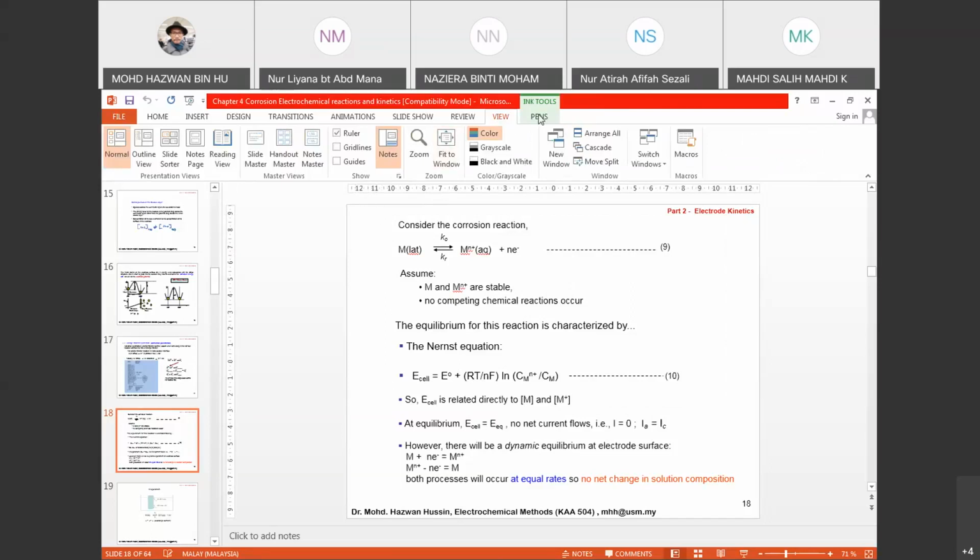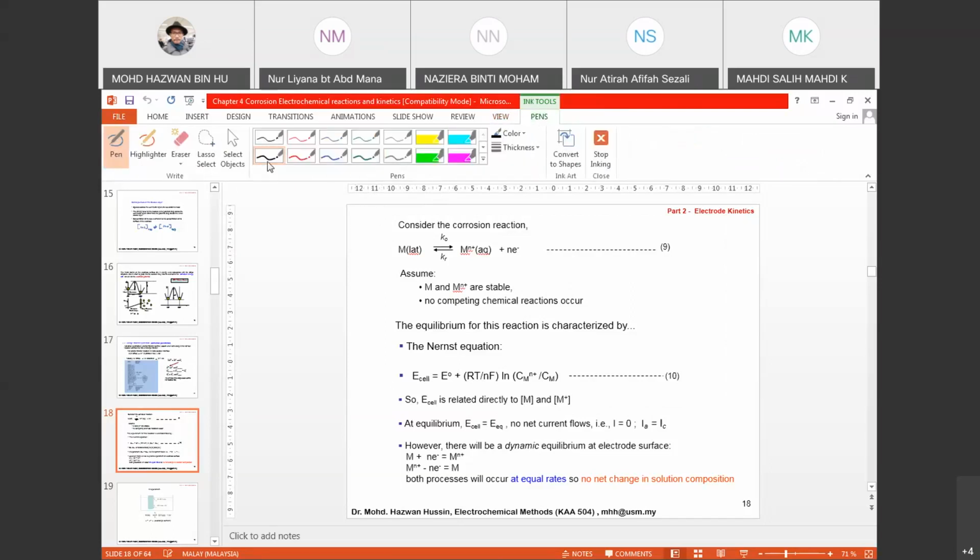Since you know that this will be your product and this will be your reactant, the representation of K is the product over the reactant.